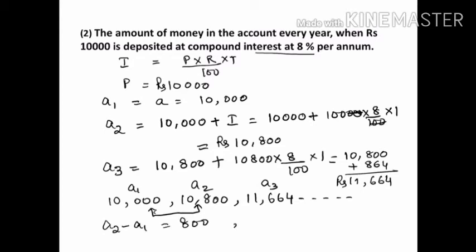But if I find A3 minus A2, then it comes out to be 864. Since A2 minus A1 is not equal to A3 minus A2, this example is not an AP.